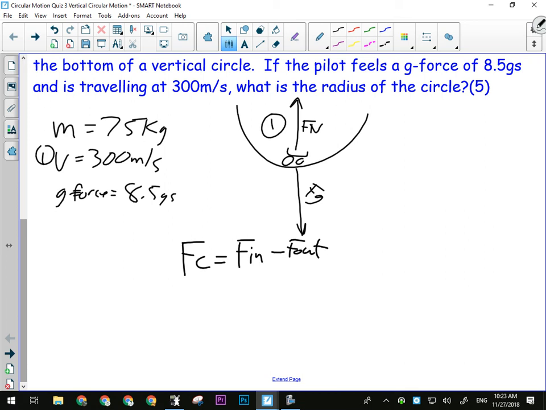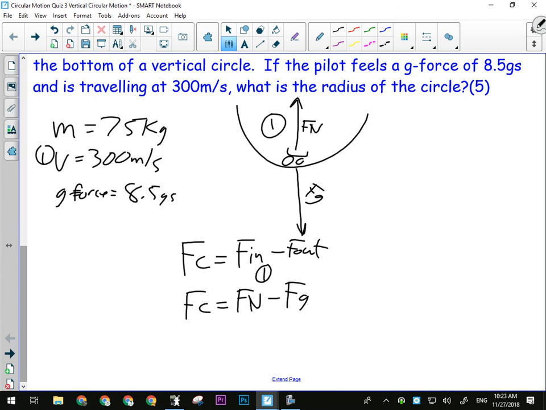Which one's bigger, normal force or gravity in this situation? Normal force. It's got to be bigger, otherwise not moving in a circle, right? The net force has got to be in. But in this case, we have FC equals normal force minus the force of gravity. So they can have another mark for that. I think we're up to 3 now.